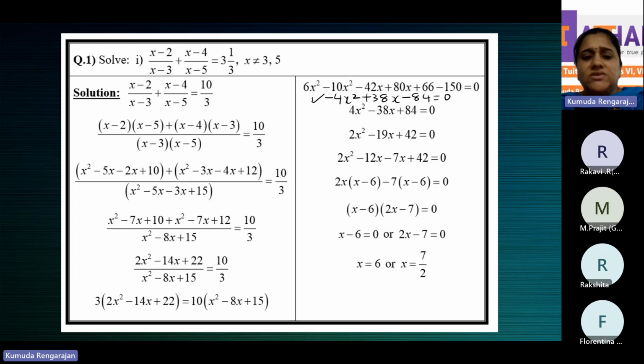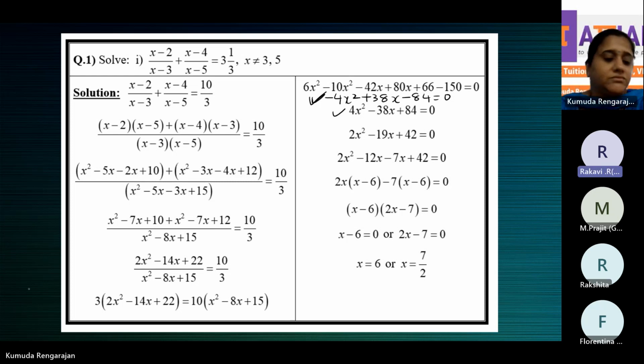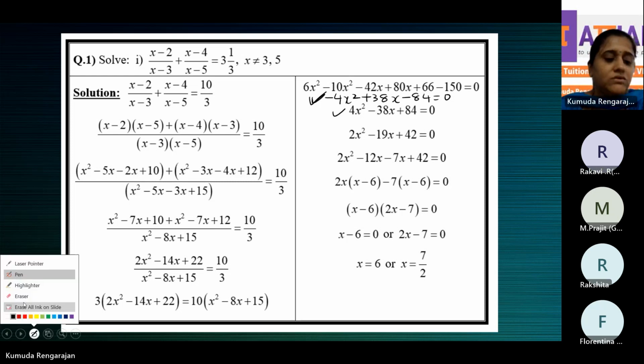You can even continue with the same thing, not that you should change the signs throughout. In the next step, what you see here, I have changed the signs throughout. Minus becomes plus, plus becomes minus, minus becomes plus. Am I clear? Yes, ma'am.